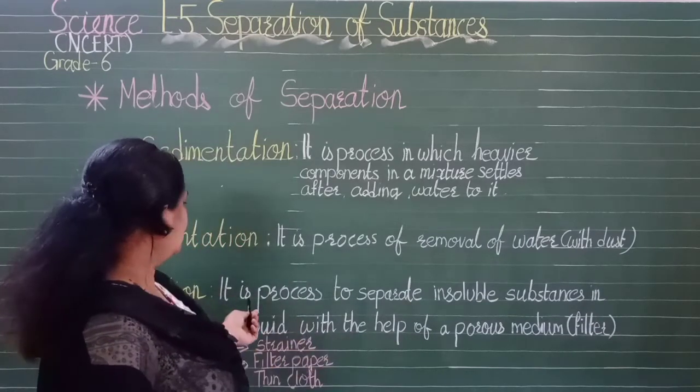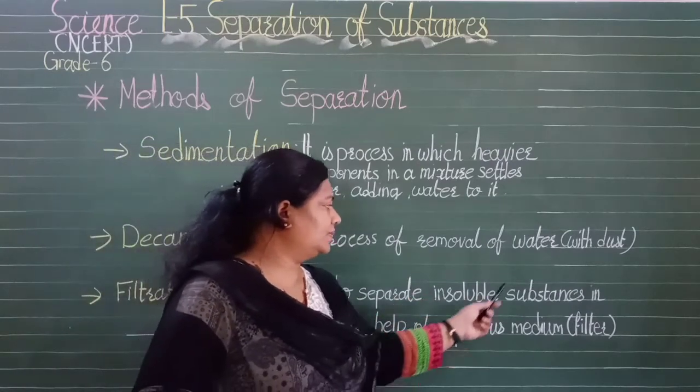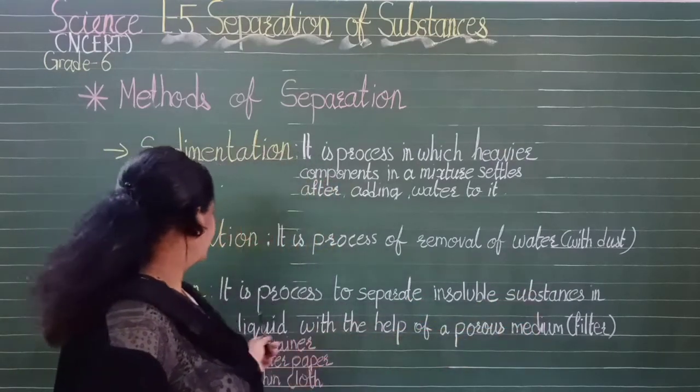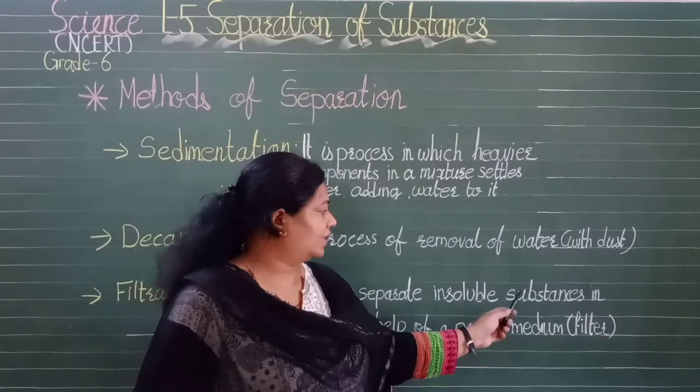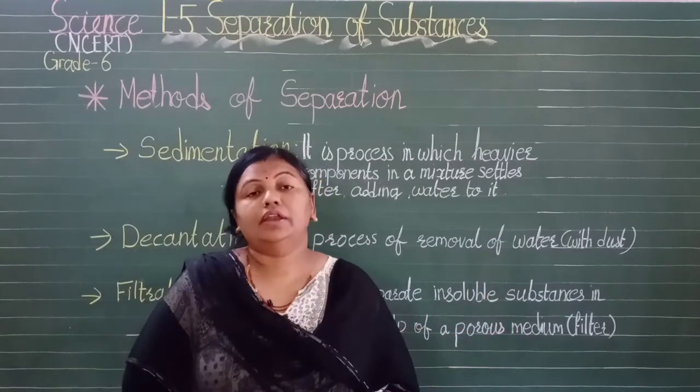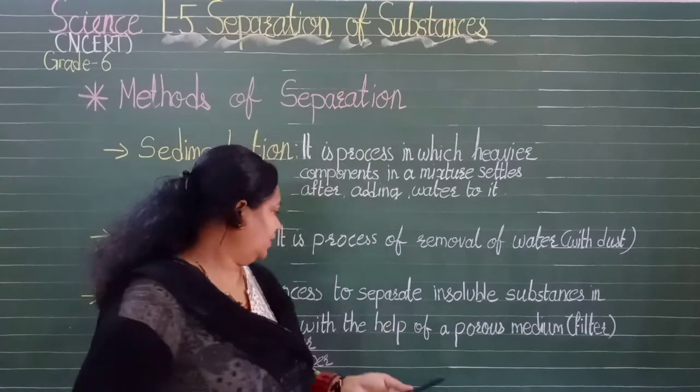So filtration is the process to separate insoluble substances in a liquid with the help of a porous medium, that is a filter. Now here we are going to learn three kinds of filter.